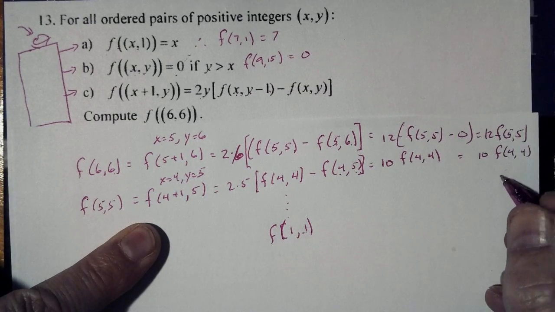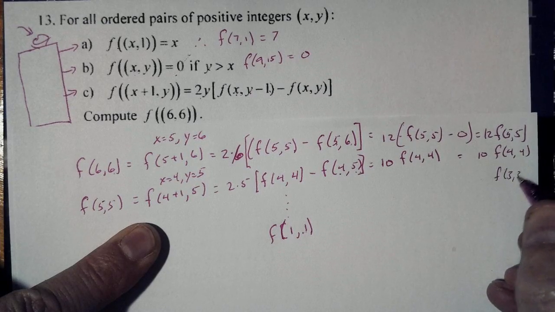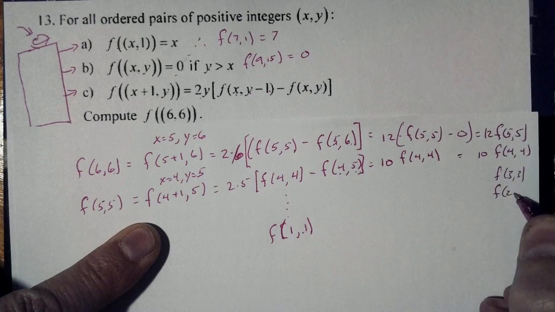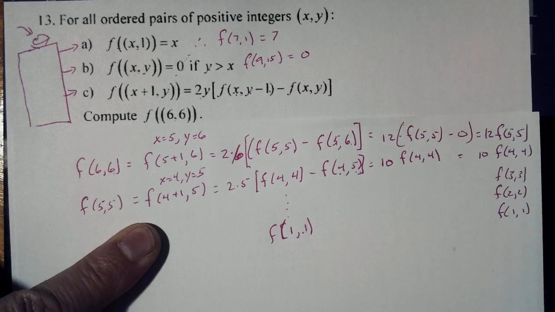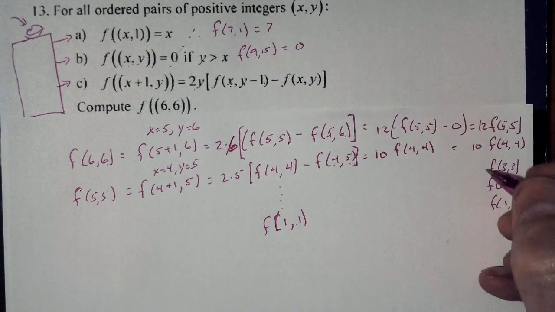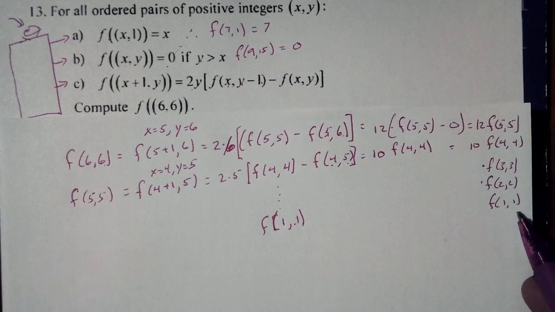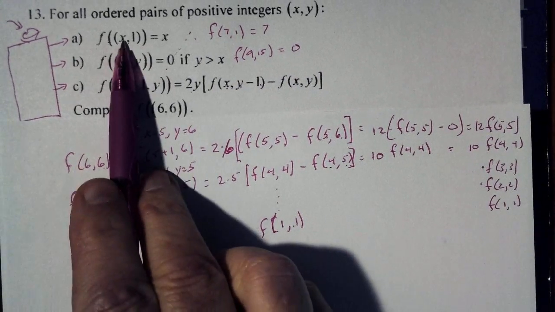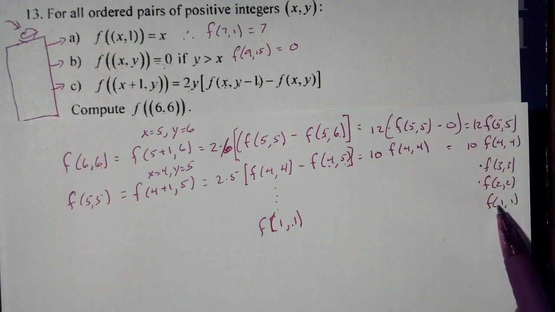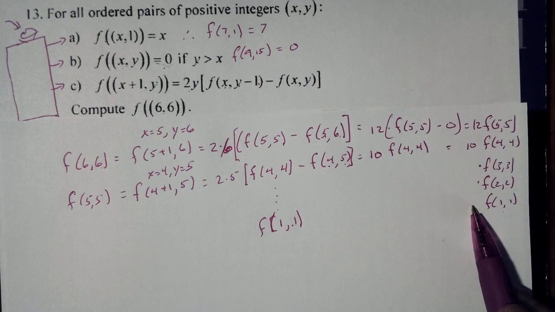I suspect we're going to get something times F of 3, 3, something times F of 2, 2, and something times F of 1, 1. F of 1, 1 is just 1. So let's say this ends up being 3.